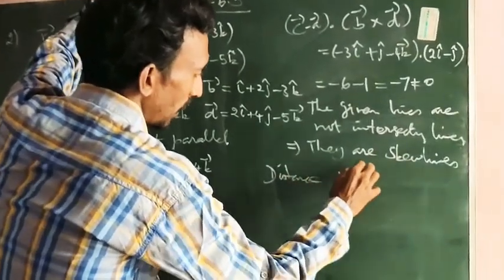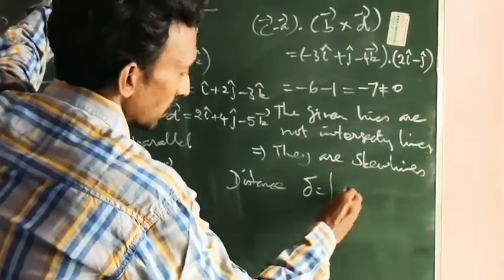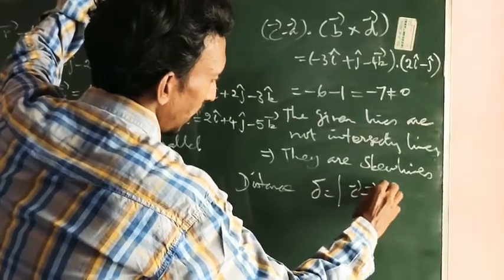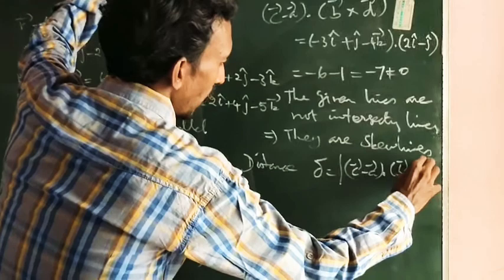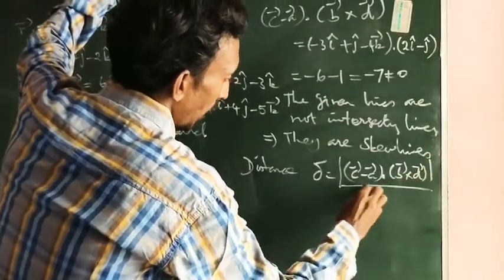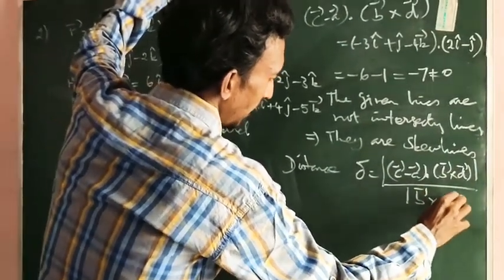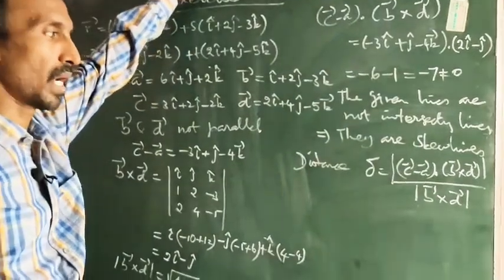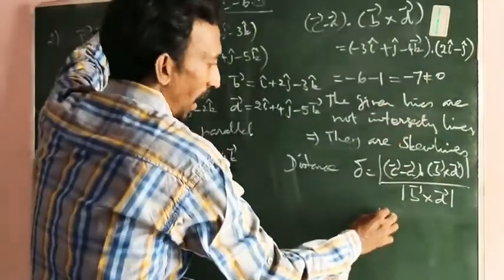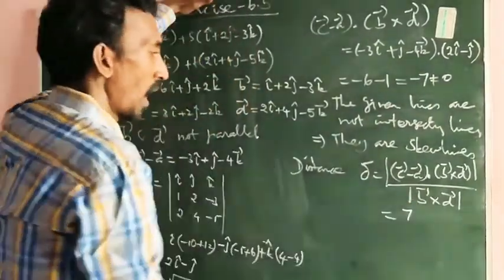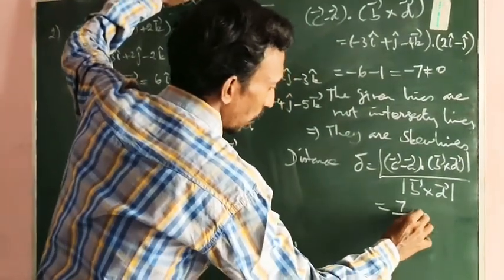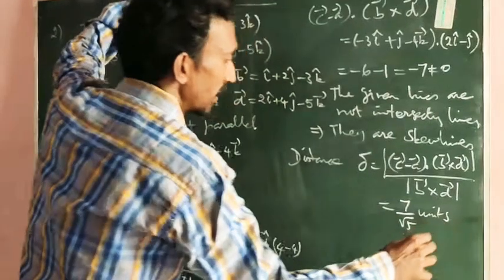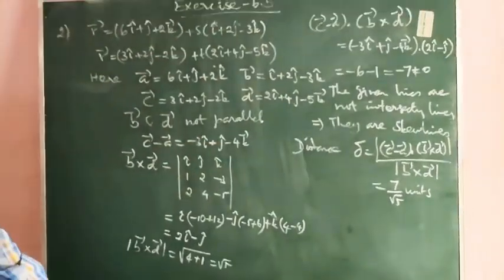Already we know that delta equals modulus of c minus a dot b cross d, by modulus of b cross d. We know the formula, remember the formula. So modulus of minus 7 is 7 and b cross d is root 5. So 7 by root 5 units. That is the final answer.